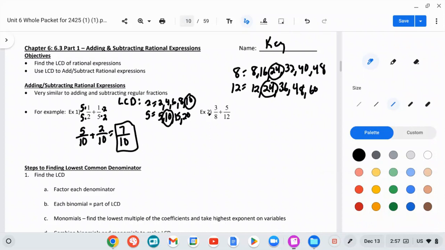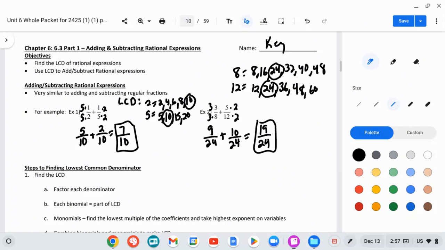The bottom left, we'd multiply by 3. The bottom right, we'd multiply by 2. Whatever you multiply in the bottom, you have to multiply in the top. So now we're left with 9/24 plus 10/24. You can add the tops together, and that would give you 19/24 in the end. We look to see if there's a number that can divide into both, and there's not. So that would be your final answer.